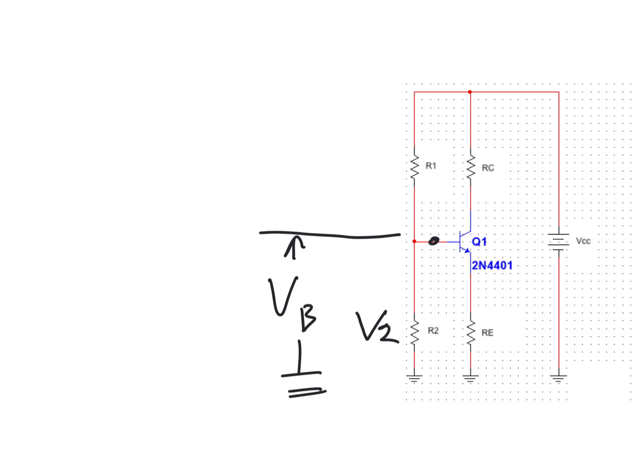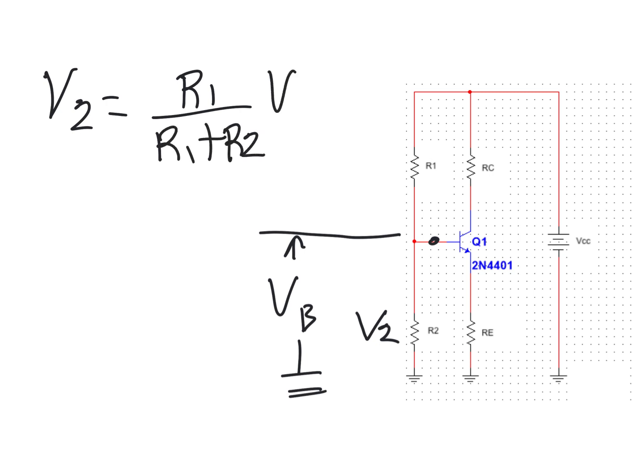So it's all the same thing. We're just going to use the voltage divider, hence the name. V2 equals R1 divided by R1 plus R2, times VCC.